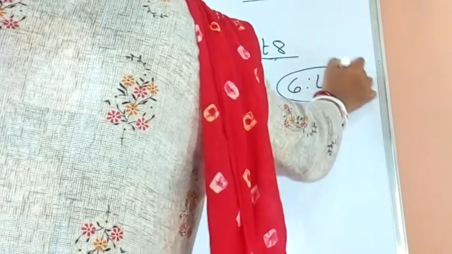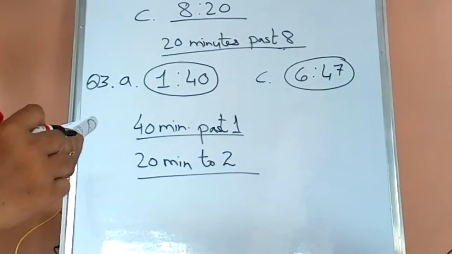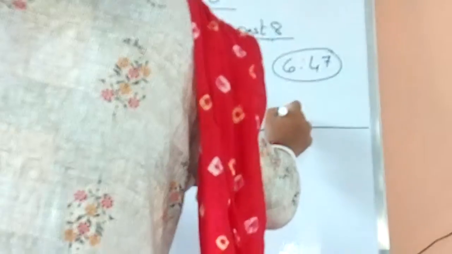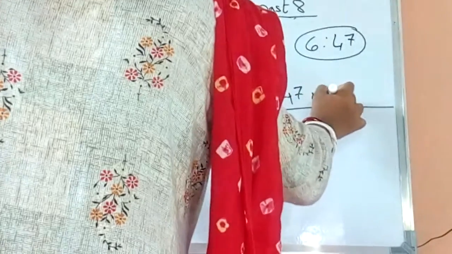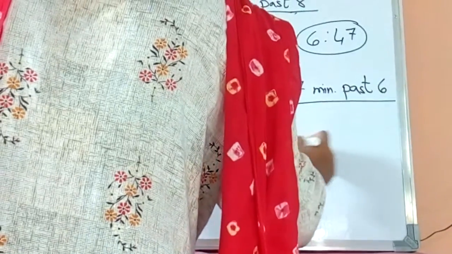You will count the small divisions also. It is given 47, so it will be 6:47, and you will write 47 minutes past 6.